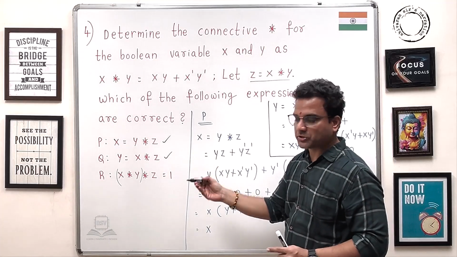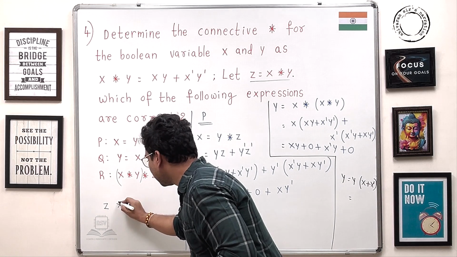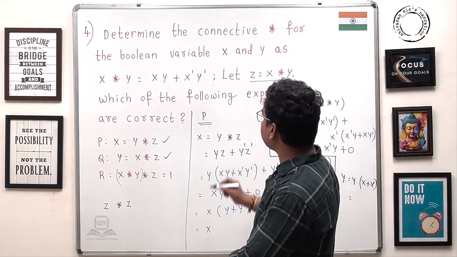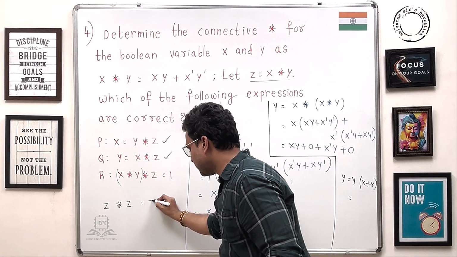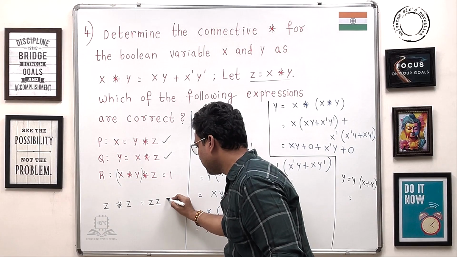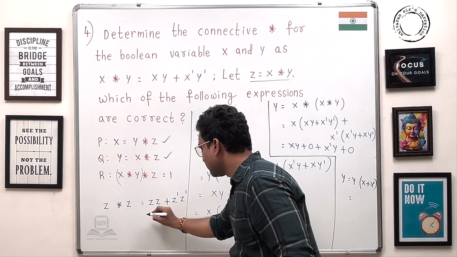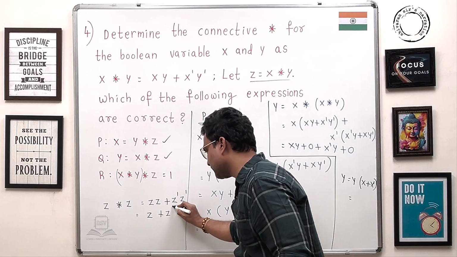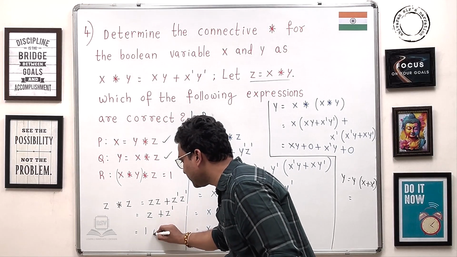Then why don't you substitute as it is here, that is z asterisk z. Now how you write as per this equation, that is zz plus z bar z bar. z into z only, z bar into z bar only, then z bar plus z bar is 1 only now.